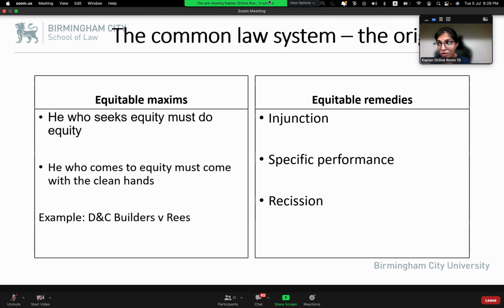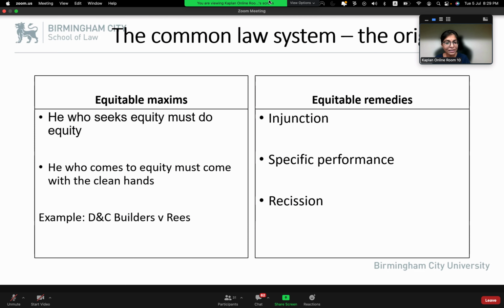So if you complain to the Chancery Court that your employer hasn't paid you for 6 months, and then the Chancery Court found out that you have been absent for 6 months and you're still demanding salary, the conscience is not clear, right? So the Chancery Court will not protect you. The second maxim, he who comes to equity must come with clean hands. What is the meaning that if you come to equity, you must come with clean hands? What does it actually mean?